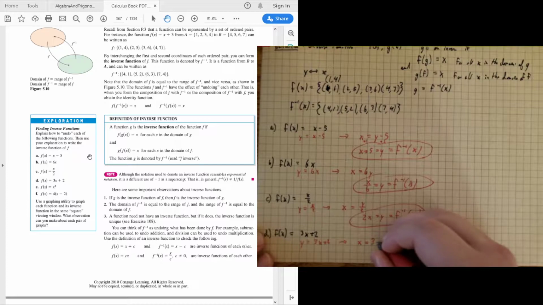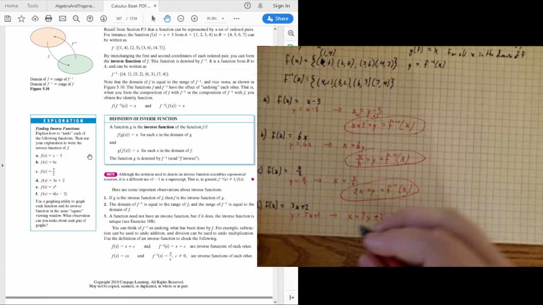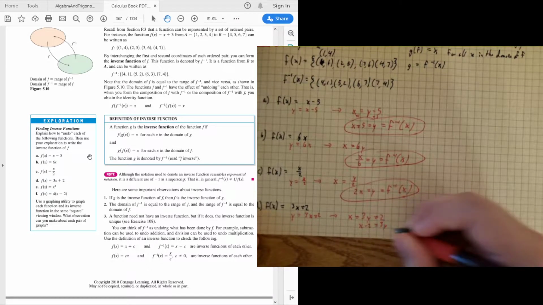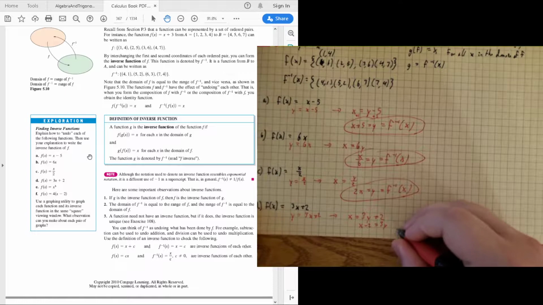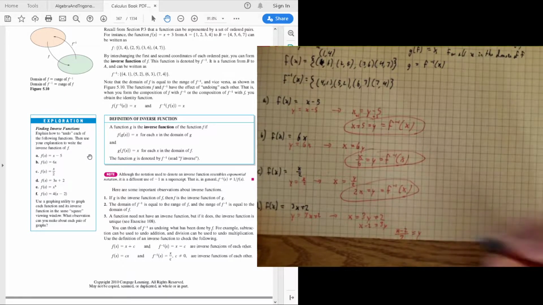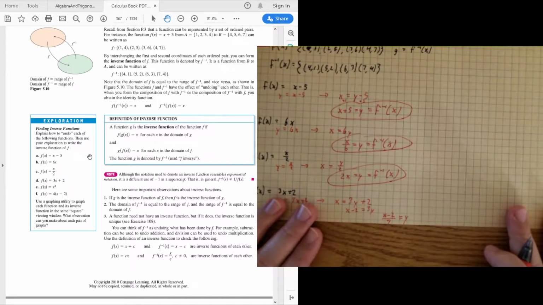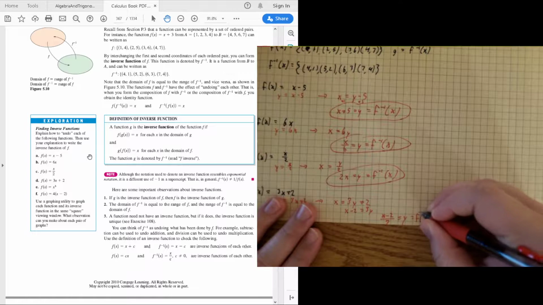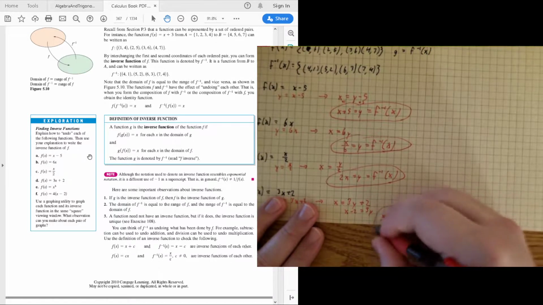Everywhere there's an x, we turn it into y, and then start solving. Subtract 2 from both sides. x minus 2 equals 3y. Divide both sides by 3. x minus 2 over 3, which is how I'll leave it in this particular function, is perfectly acceptable. And this would be my f inverse of x.